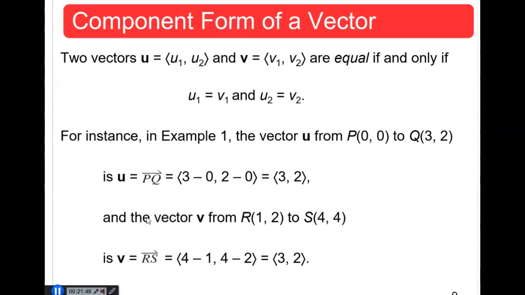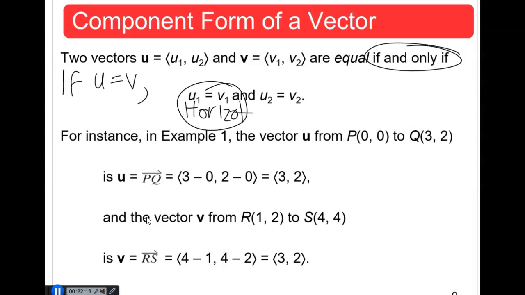If we have two vectors and we are saying that those two vectors are equal to each other, if we say vector u is equal to vector v, that will happen if and only if the horizontal components are equal, and also the vertical components are equal.